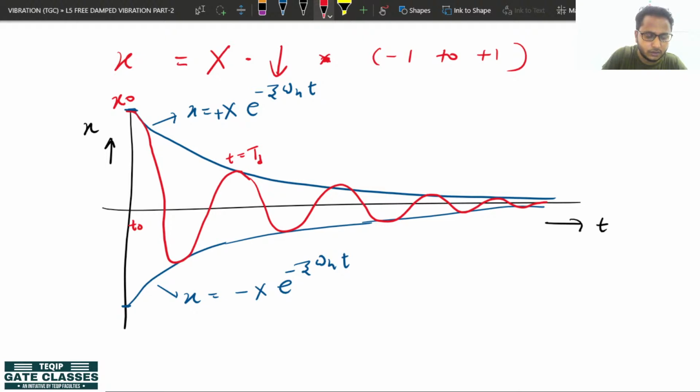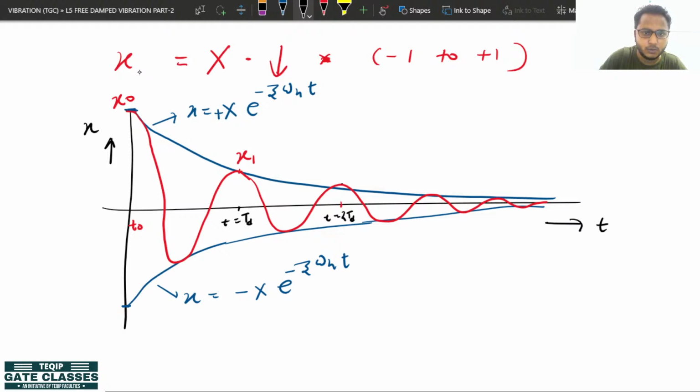Sorry, I'm going to write the time period here. T equals to the first time period. Then we will have the value of x1, right? Then at the third cycle, the time will be t equals to 2 td.